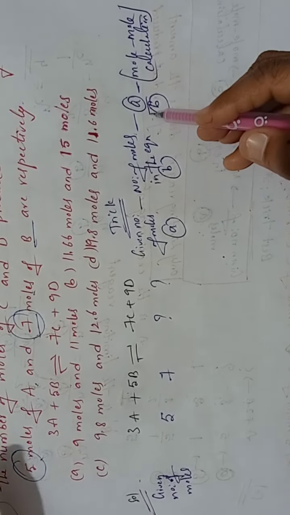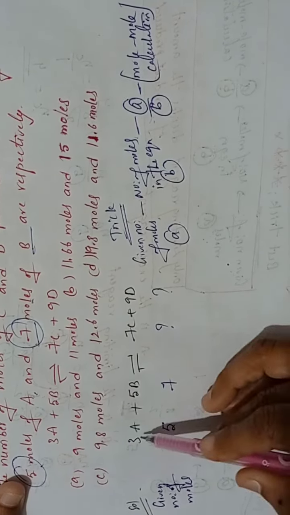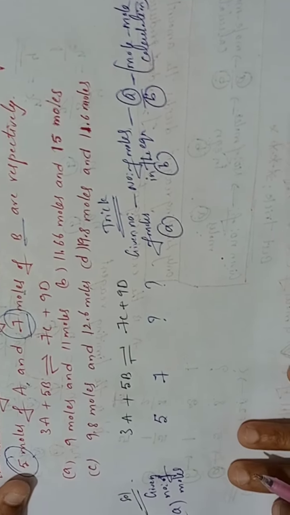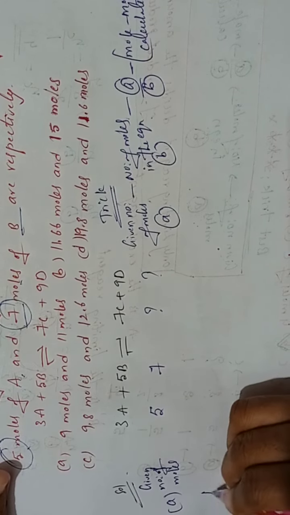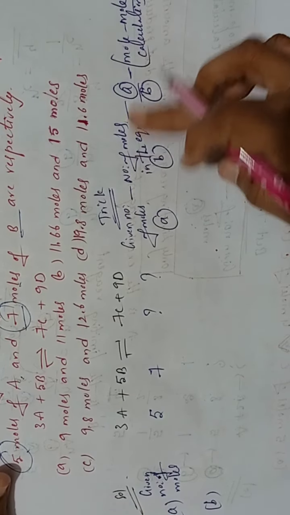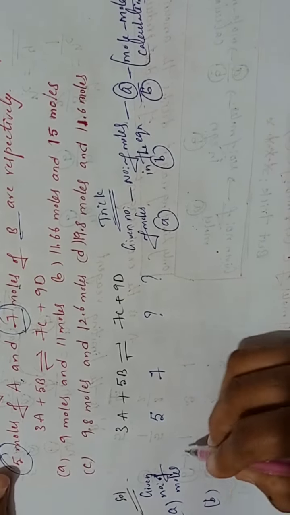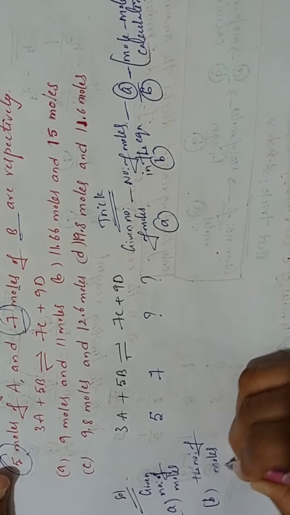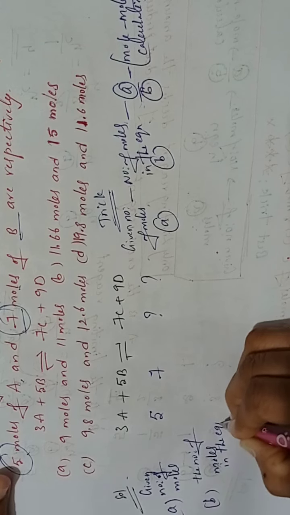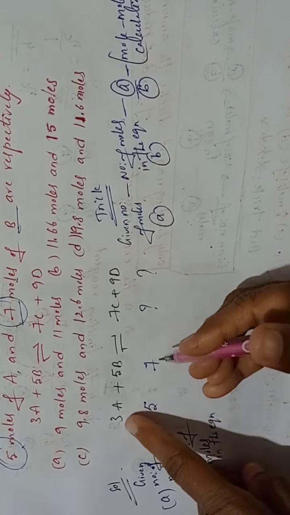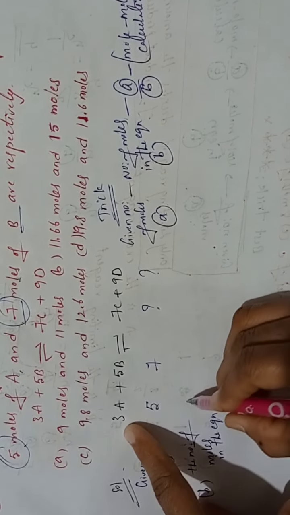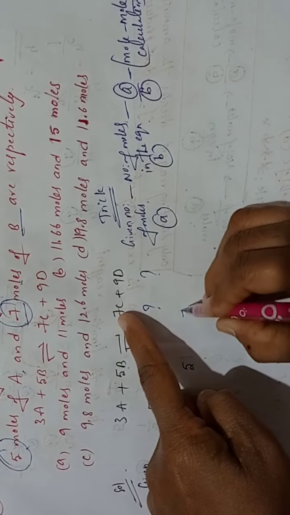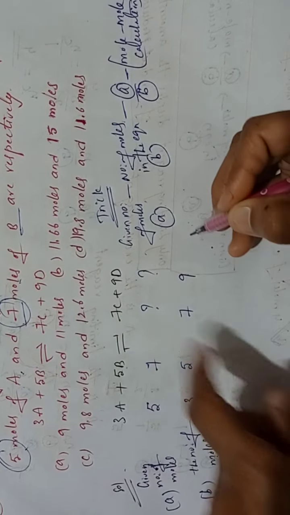So how many moles are there in the equation, students? This is A, and now I am taking B. The number of moles in the equation: A has 3, B has 5, C has 7, and D has 9.